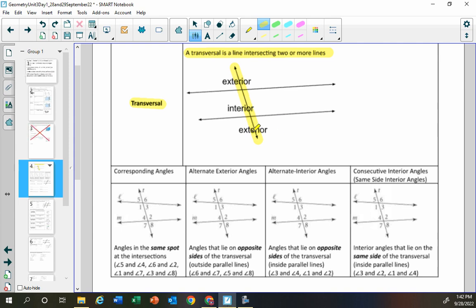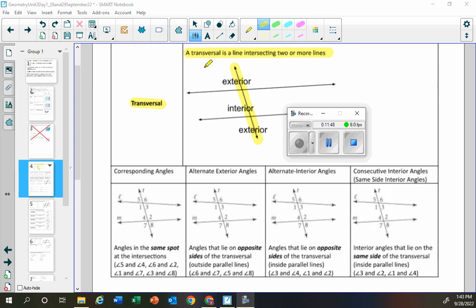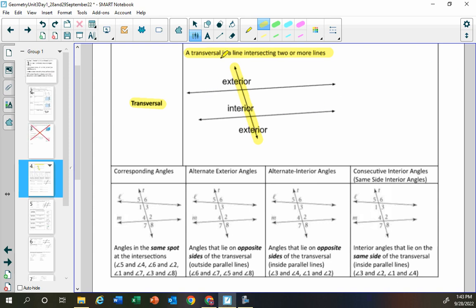So your transversal is going to cross, we'll say, the railroad tracks. Think about the road that crosses the train tracks.